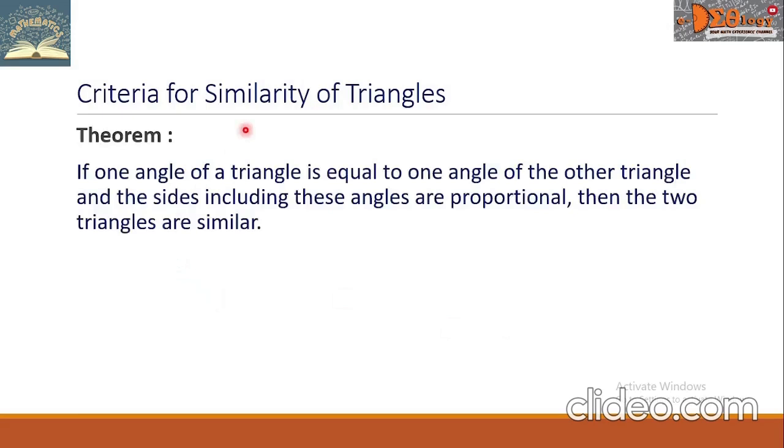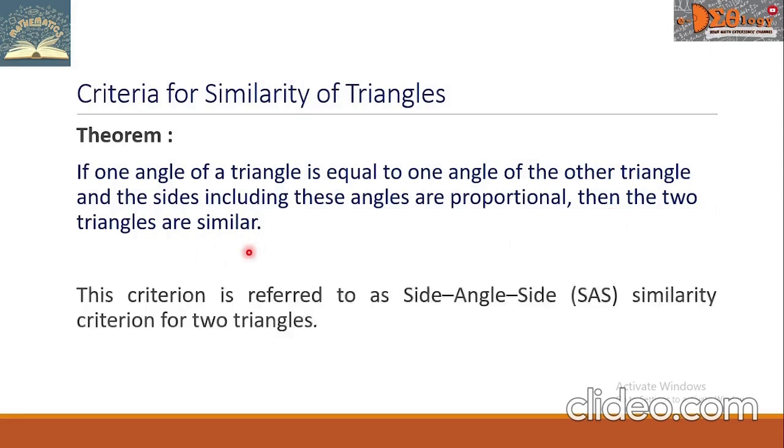Here's another theorem. If one angle of a triangle is equal to one angle of the other triangle, and the sides including these angles are proportional, then the two triangles are similar. This criterion is referred to as side-angle-side SAS similarity criterion for two triangles.